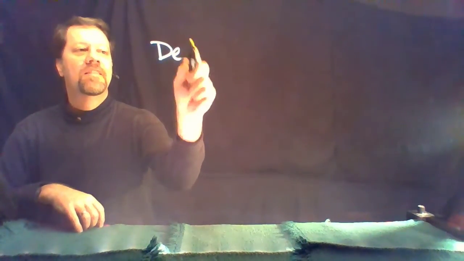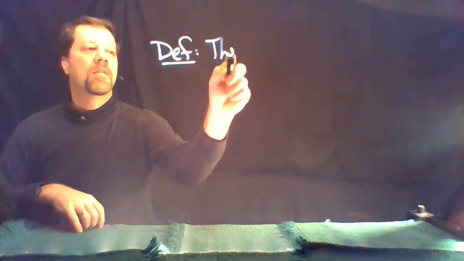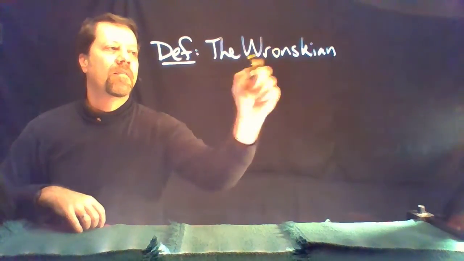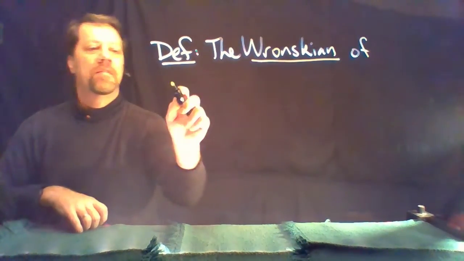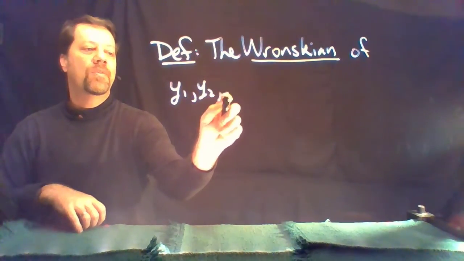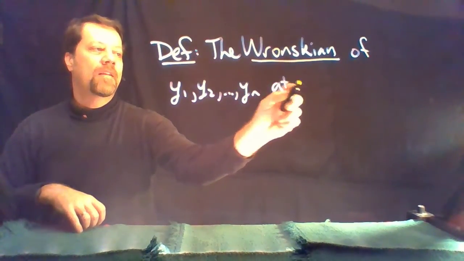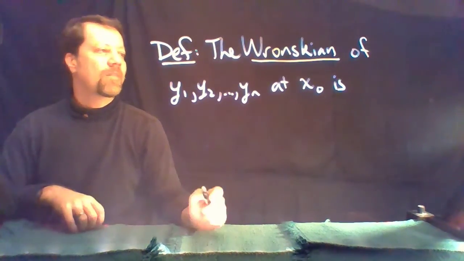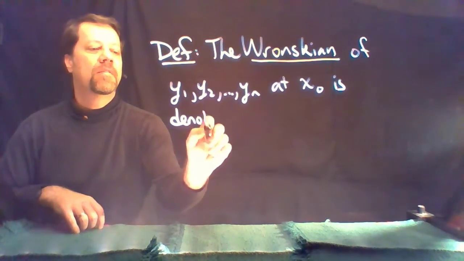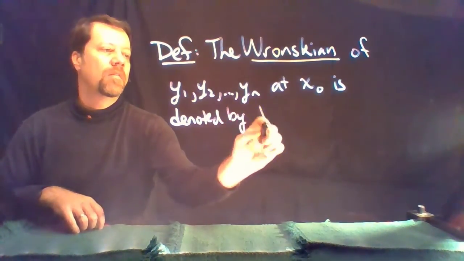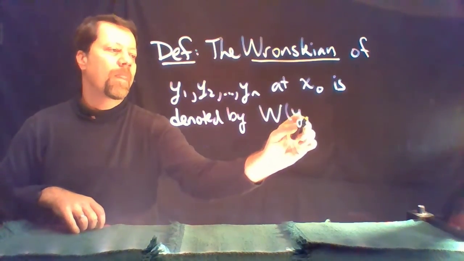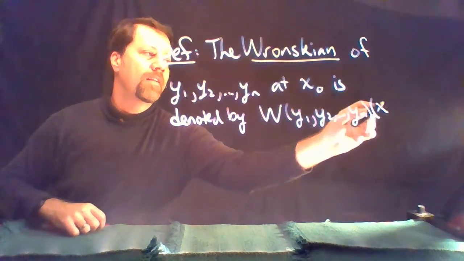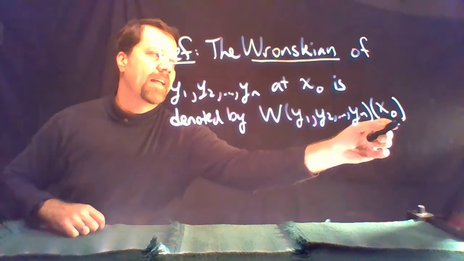I'm going to define the Wronskian of these functions y1, y2 through yn at some point x naught. It is denoted by W of y1, y2 through yn, and then this will be a function of x. I'm going to evaluate that at x naught.